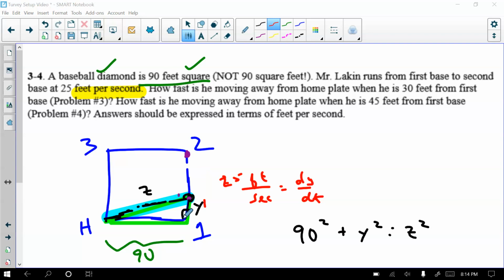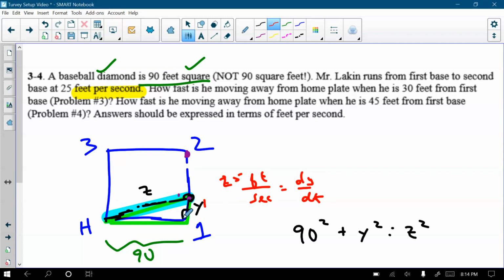Now I want to note that this 25 feet should be a positive value because it says I am running from first to second. Since I'm running from first to second, my distance from first is increasing, and whenever I have a value that is increasing, its derivative should be positive. Again, from this step you would take the derivative with respect to t on both sides.